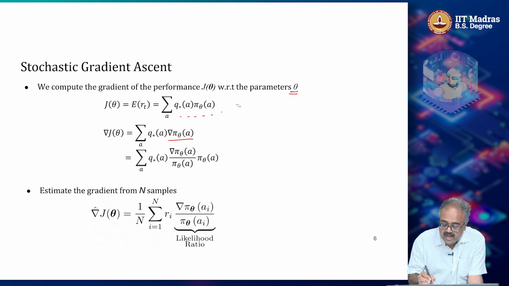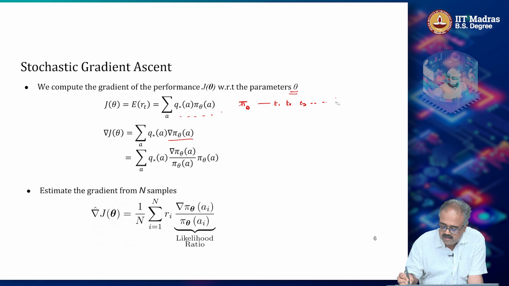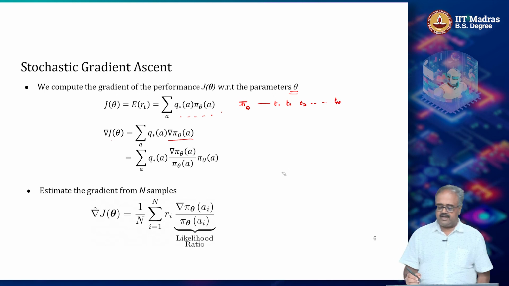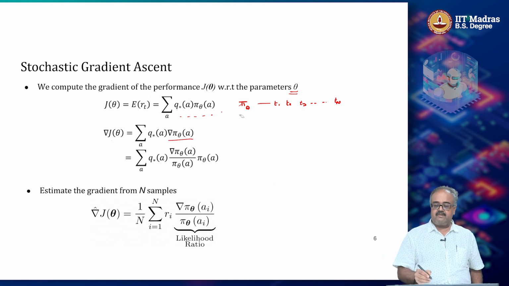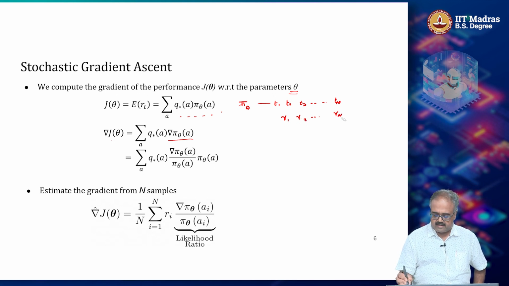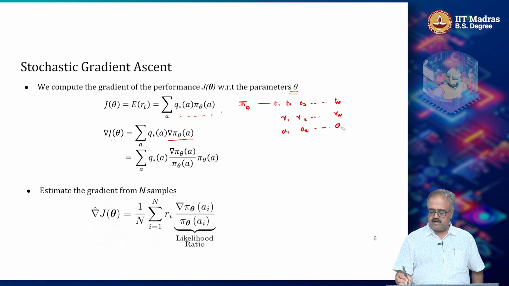So, how will I do this? I will basically fix my pi theta, and then I will sample repeatedly from pi theta. So, t equal to 1, t1, t2, t3, all the way up till some tn. I will be taking some capital N samples after fixing my pi theta. I am going to get R t1, R t2, and I will just make it simpler, I will just use R1, R2, all the way up to Rn, and I would have chosen A1, A2 up till An.